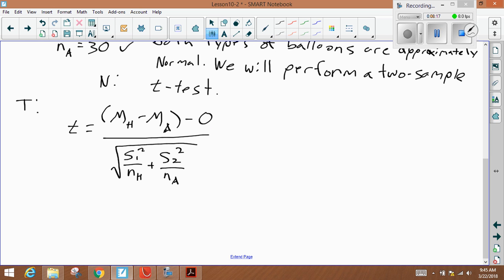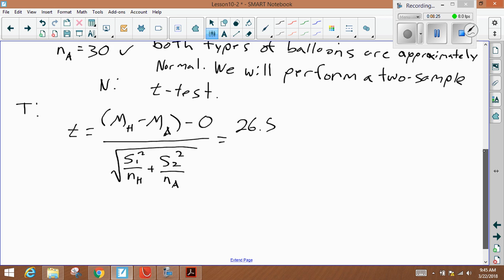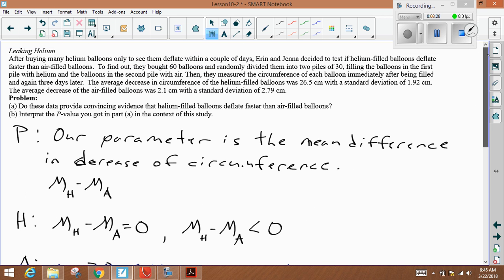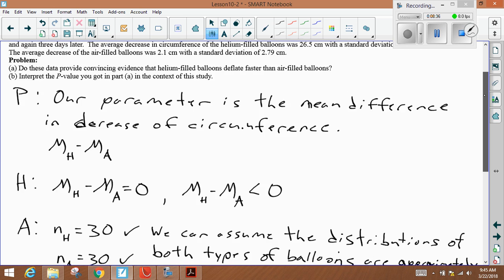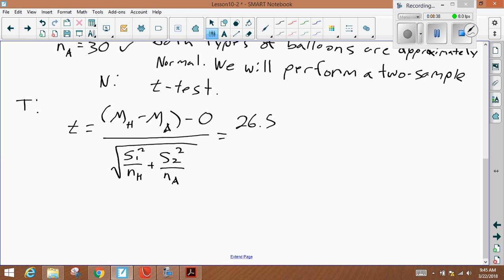All right, let's plug some stuff in. So I believe this was 26 point, I can't remember. If you look at your original problem, the average decrease in circumference for helium was 26.5. The average decrease of air-filled balloons was 2.1.